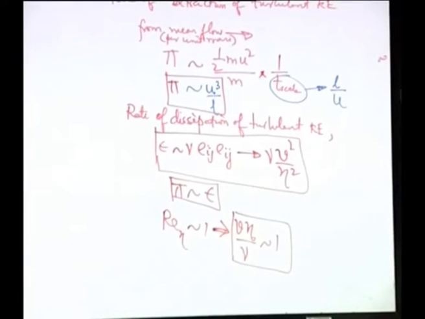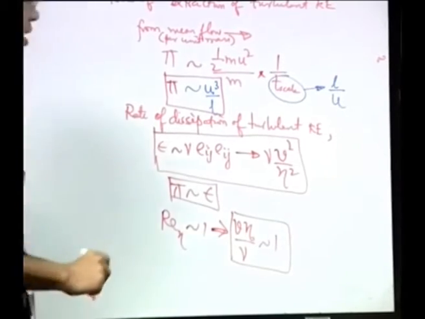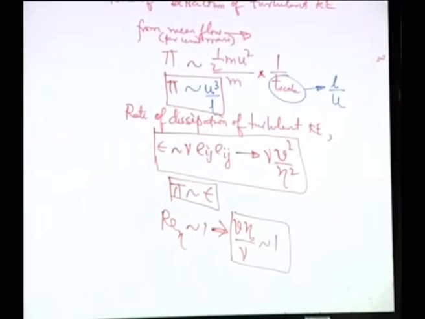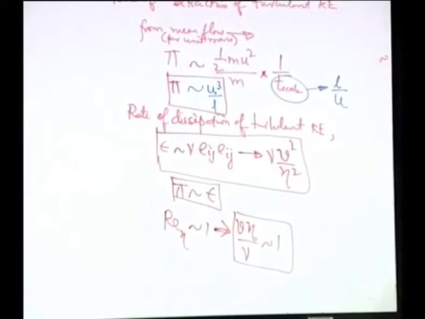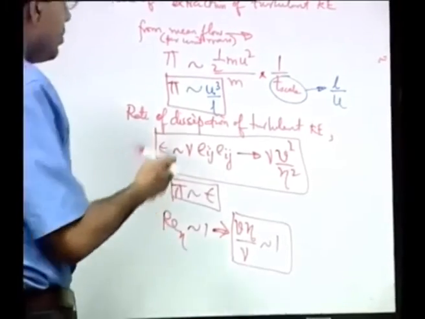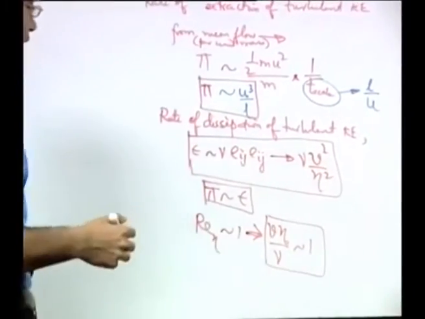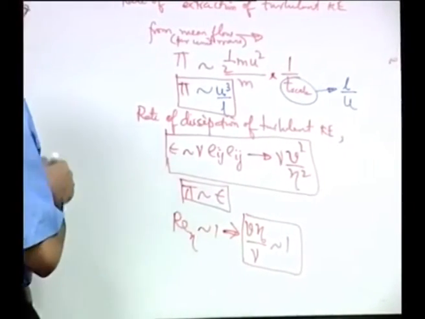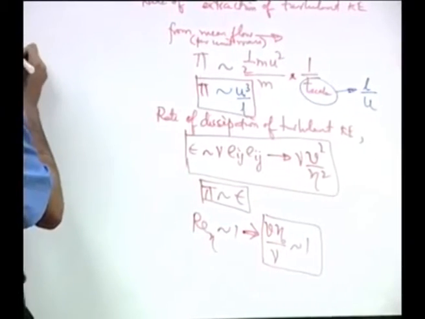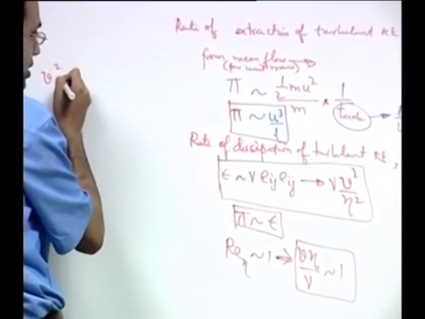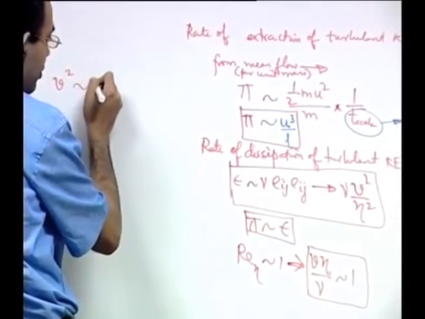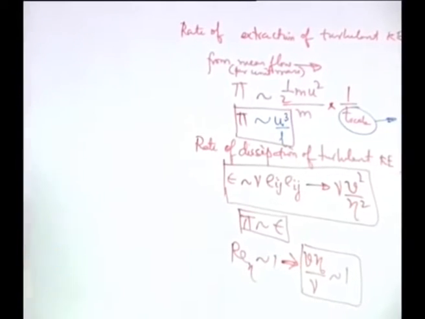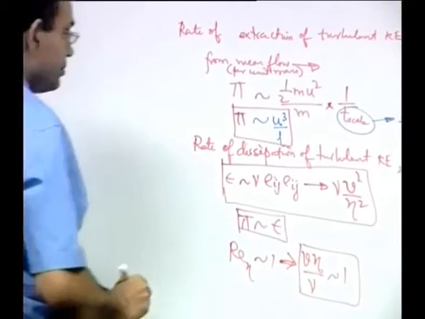So based on these, it is possible to relate what is the length scale of the system or the largest eddy with what is the length scale of the smallest eddy. So let us try to do that. It will just require some algebraic manipulation. Before doing that, let us try to characterize what is V. Or let us first characterize what is eta, then we can characterize V on the basis of that.